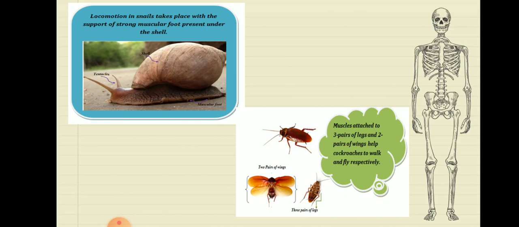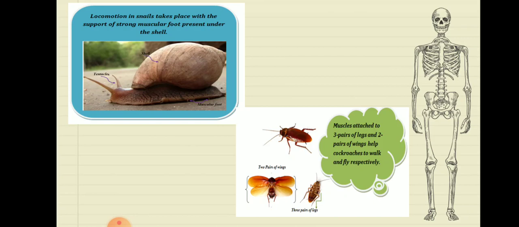Then the next organism you can see in the same slide is the cockroach. It also is an invertebrate which does not have a backbone, and it is an insect which has 3 pairs of legs, that is 6 legs, which help it to run around. Until now, whatever organisms we have seen didn't have a modified leg-like structure which we generally use for moving.